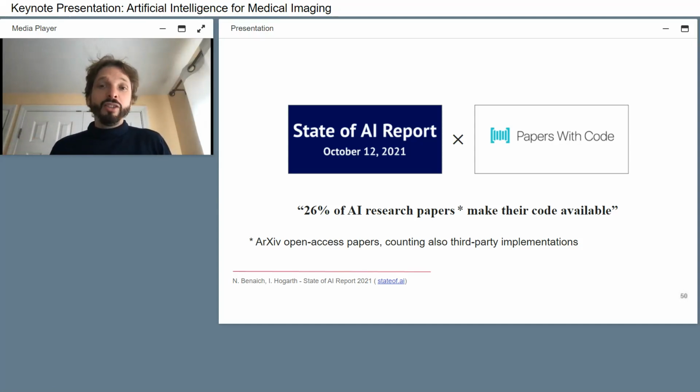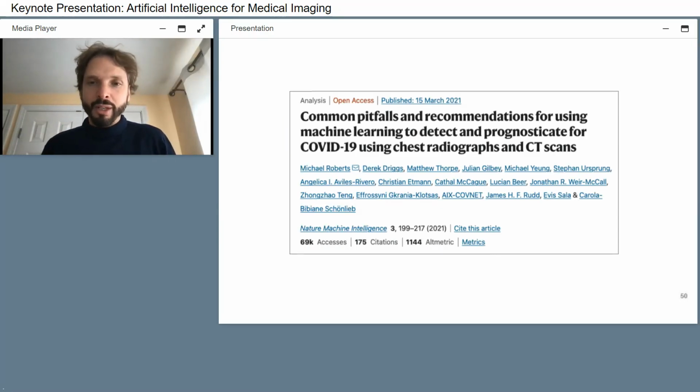And this is a paper that made a lot of impact and was published recently, where they evaluated all of the publications that came out using imaging data to predict COVID, right? Does this individual have COVID or not? And also, can we use this to prognosticate how well this individual will do over time?